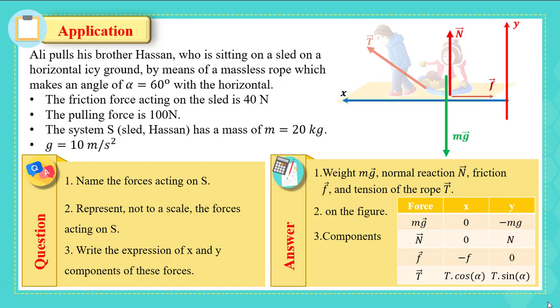N vector is positively upward along the Y axis, then its X component is 0 and its Y component is just N. F vector is minus f, since it is opposite to the X axis, while the Y component is just 0. What about the tension vector then? Its X component is T cosine alpha and its Y component is T sine alpha.